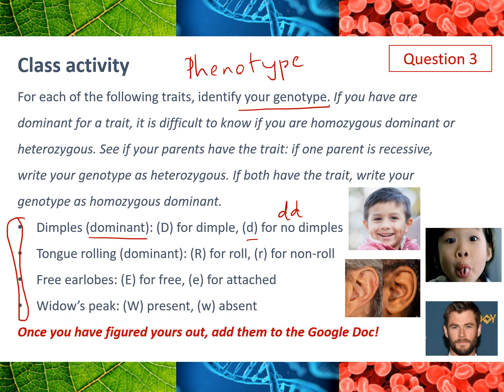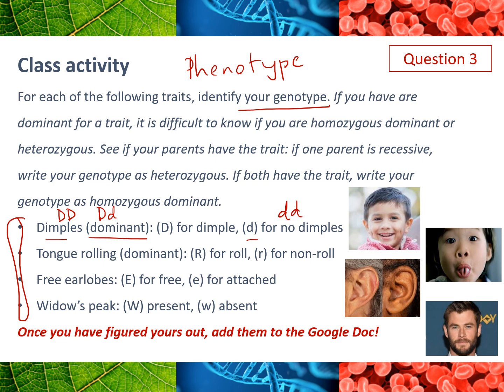If you do have dimples, this is where it gets a bit tricky. If you have dimples, you could either be homozygous dominant or heterozygous, okay? You can't tell which one you are just by looking at the fact you have dimples because you'd still have dimples regardless of which of these it is.